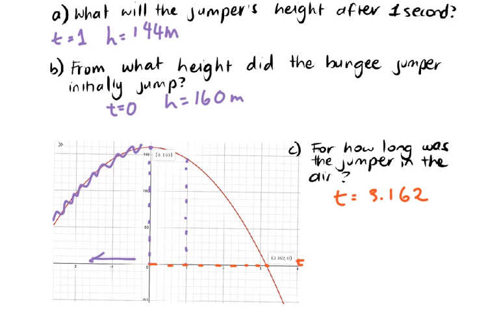That's just a point that was on the graph, and that's my t-intercept. So the bungee jumper was in the air for 3.162 seconds. So in this example, we've been able to use the graph quite clearly to answer them, but again, at any point, you'd be able to substitute these values back into the formula to be able to calculate them.